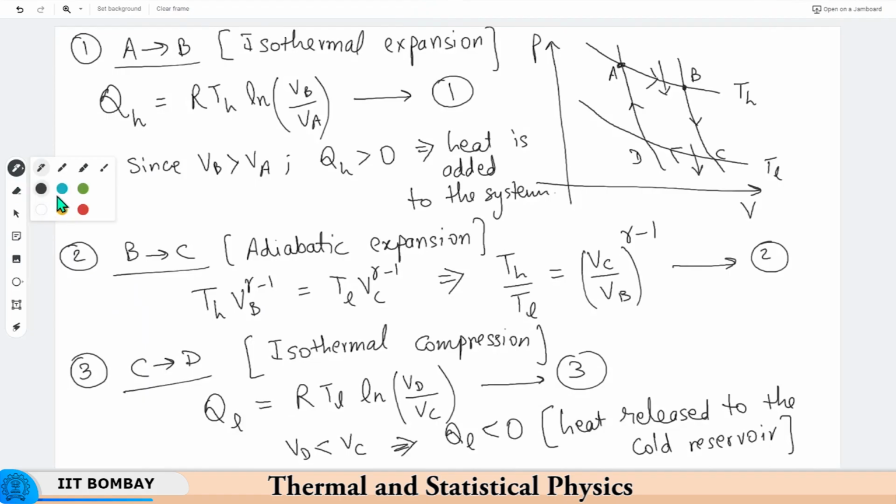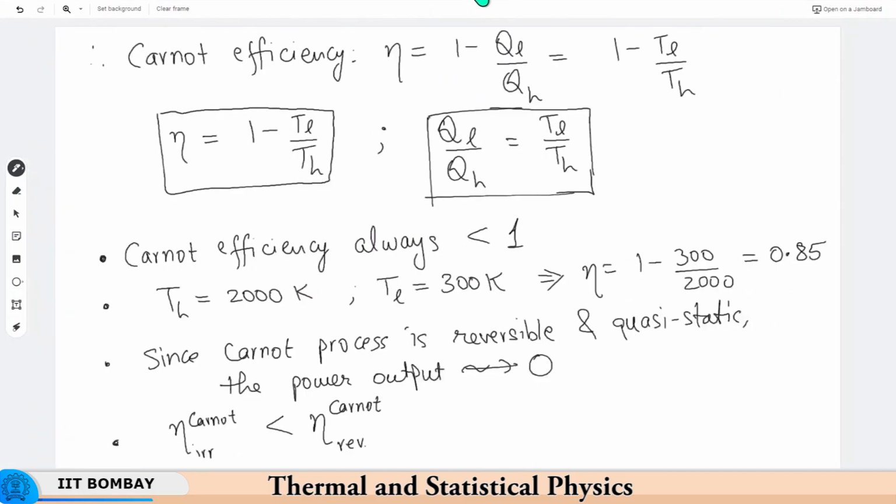So, essentially we are calculating the work that we are extracting out of this engine, which clearly is the area enclosed between these points A, B, C and D. So, that is the work, this is the work output, okay, output work, and we are interested in the expression for this work, okay.